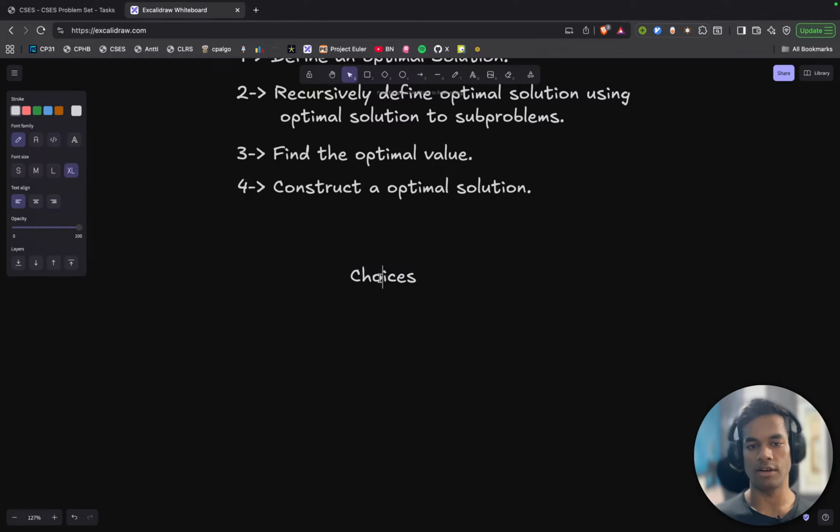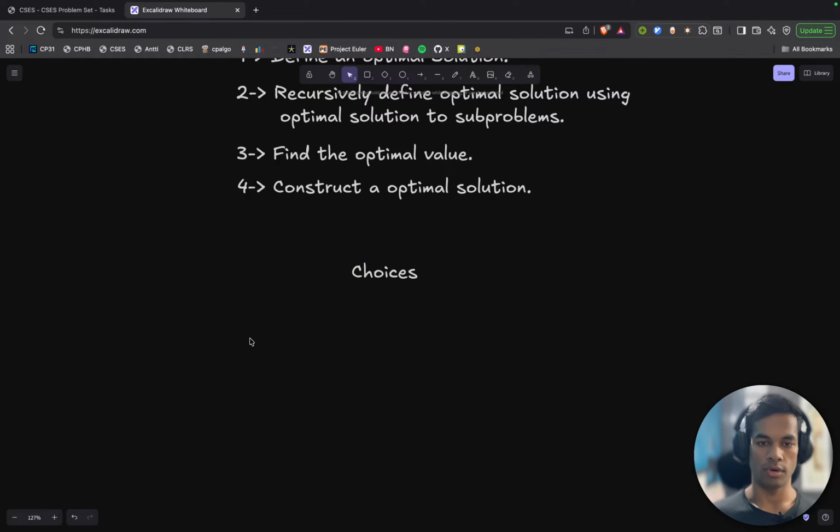At every recursive step, we have a choice. And we assume that among these choices, one of the choices is going to be the optimal choice. And generally, it is unknown beforehand which choice is better.